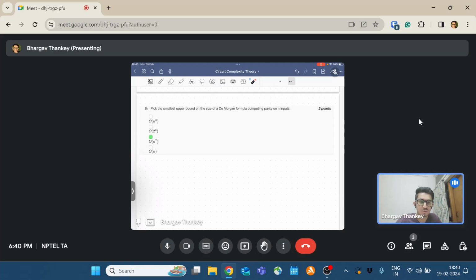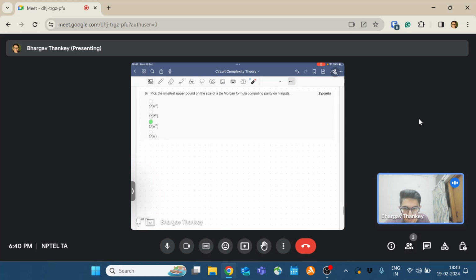So here you don't have to use Khrapchenko's theorem. Here, what you have to do is construct an explicit formula which computes parity and has size order n square. Okay, so how do we do this? First let's do something simple.